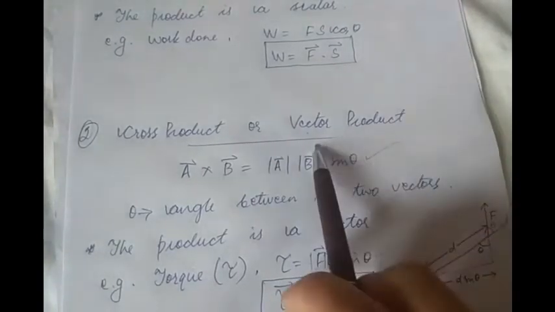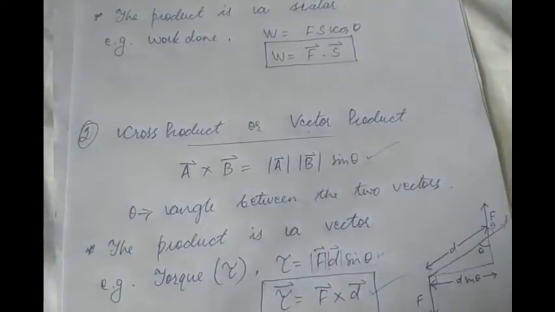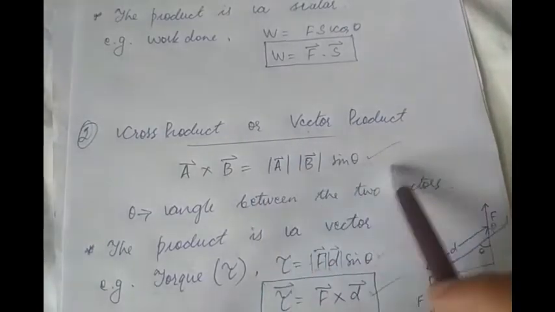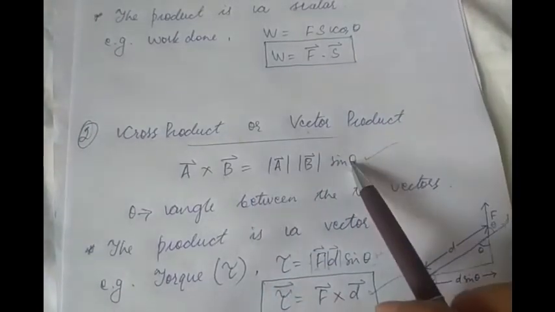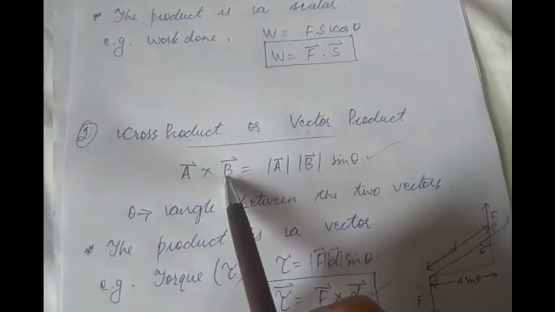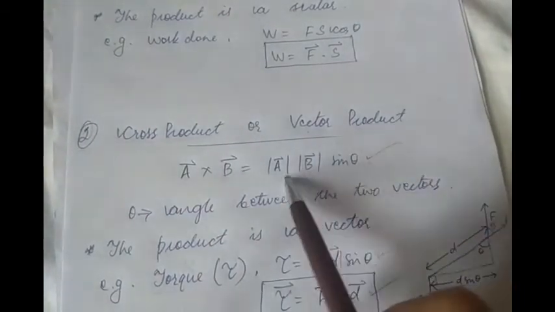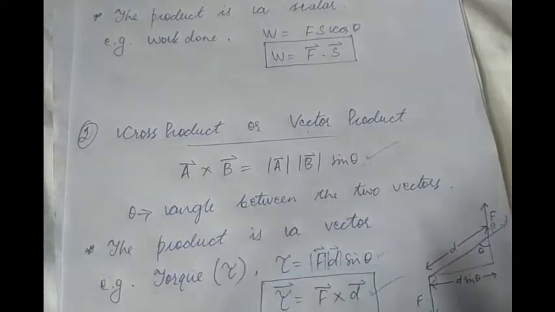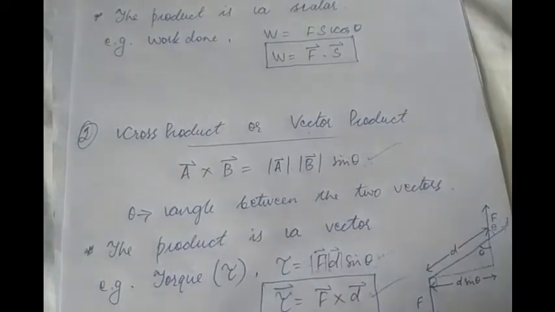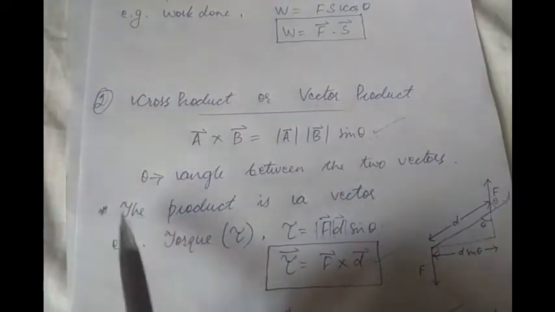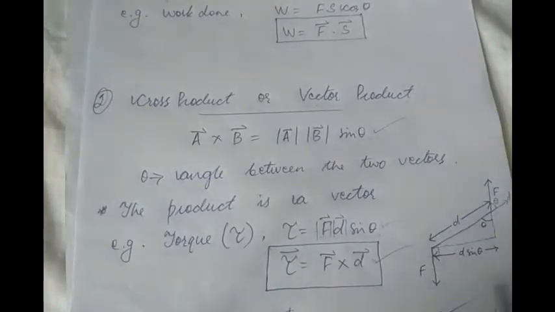This happens to be the magnitude part of the vector. This only is the magnitude of the vector, remember. Whenever you find the cross product of two vectors, we always get a vector whose magnitude is this, where theta, of course, is the angle between the two vectors. I have specified here also that the product is a vector, remember that.